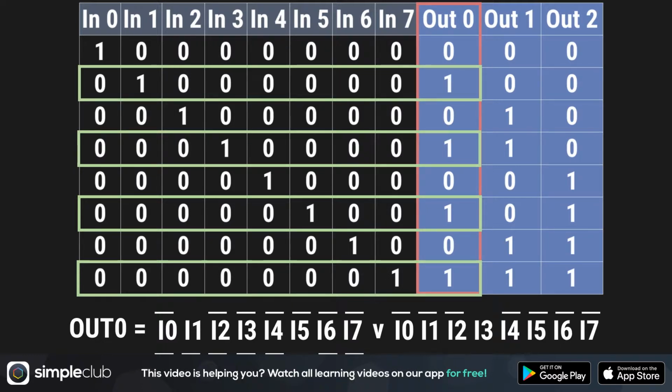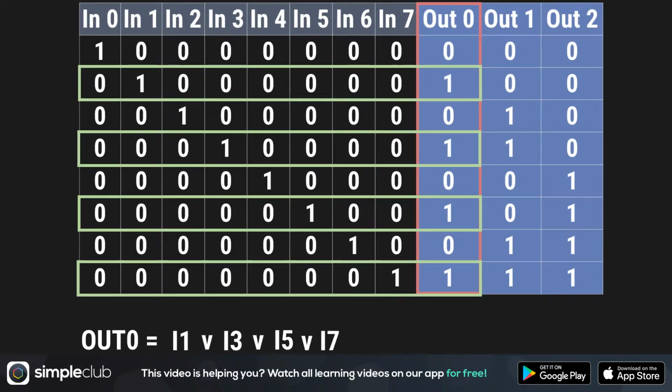Since for each one of these combinations, we get a 1 for out 0. But since we don't want to get carpal tunnel writing this out, we can take all that and write it like this. This way, we can just leave out all the not ones. This means that out 0 is always true when one of these 4 inputs are true. And since we only have one 1 for each input, we can easily express the whole thing like this.